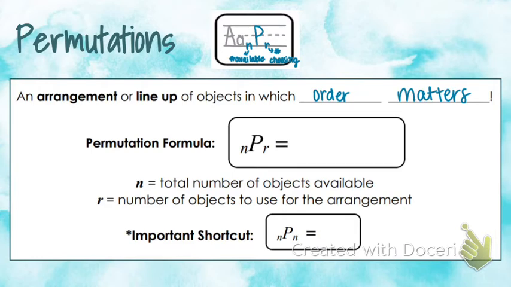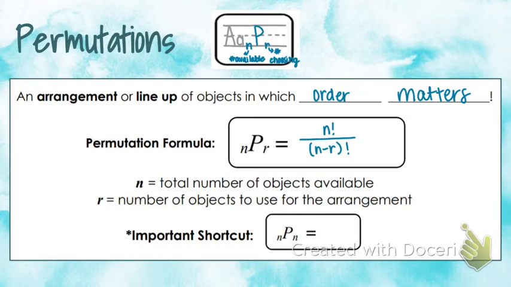So the formula for a permutation is n factorial over n minus r factorial. And n is the total number of objects available. So in the example of the runners, there are 5 runners available. And r is the number of objects to use for the arrangement. So we want to place 3 of them, so r would be 3 in that example.